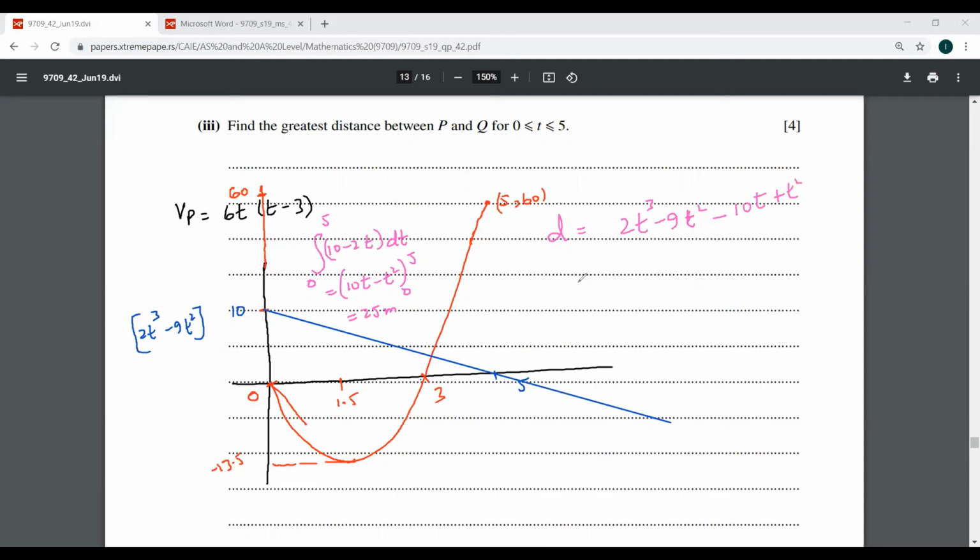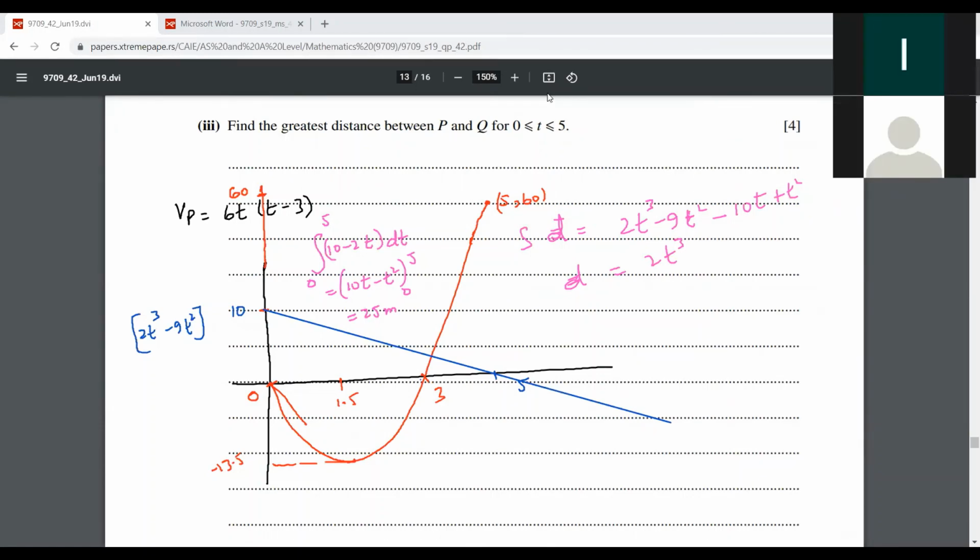So let's simplify this. Let me keep this as s over here because I have to differentiate this. So this is 2t cube, and I have minus 8t square minus 10t.